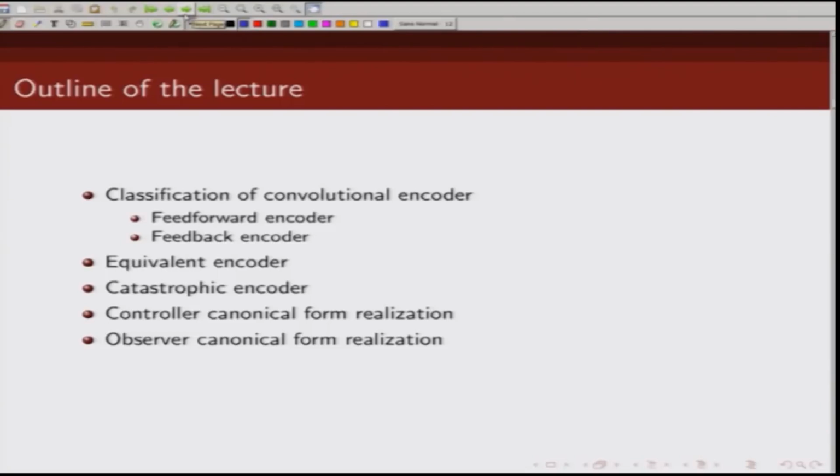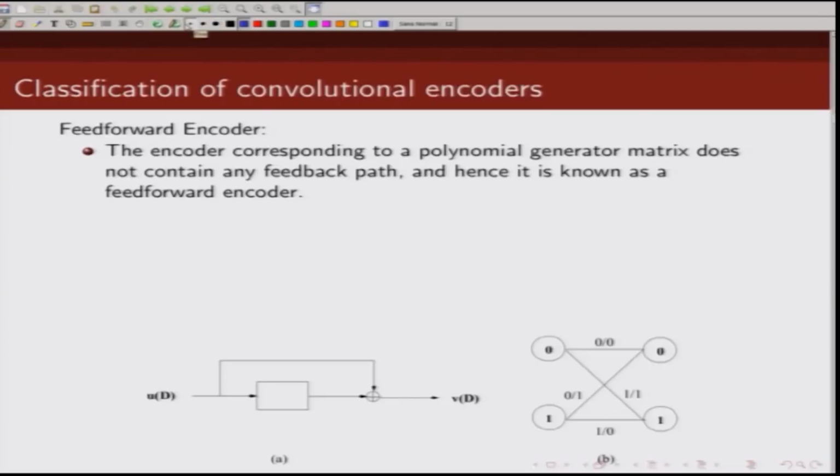The first one is known as controller canonical form realization, and the second one is known as observer canonical form realization. Finally, we are going to conclude this lecture with the concept of minimal encoder. So, let us start our discussion on classification of convolutional encoders.